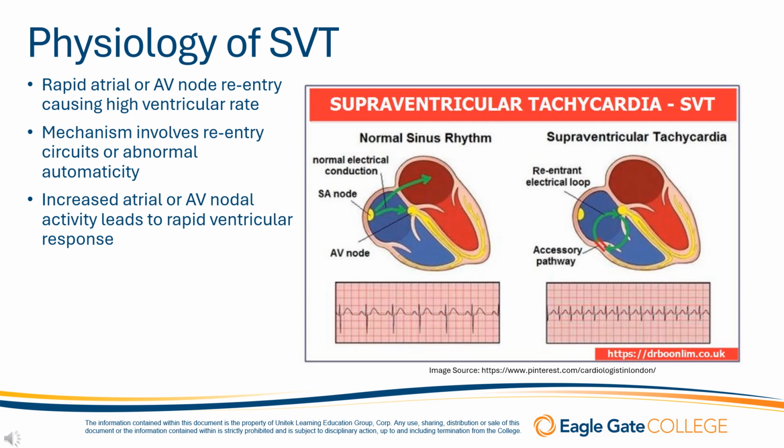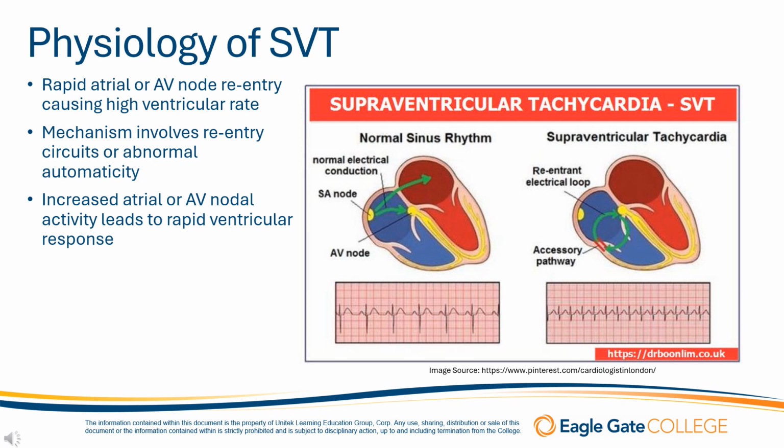Understanding the physiology of supraventricular tachycardia, or SVT, is crucial for recognizing how it affects the heart and for implementing appropriate interventions. SVT is characterized by a significantly increased heart rate, which can range from 150 to 250 beats per minute.